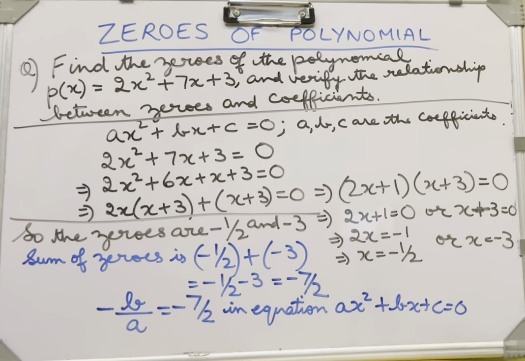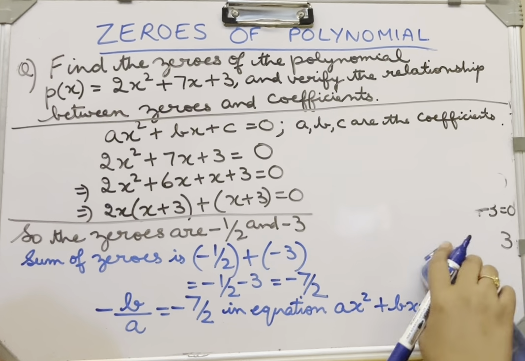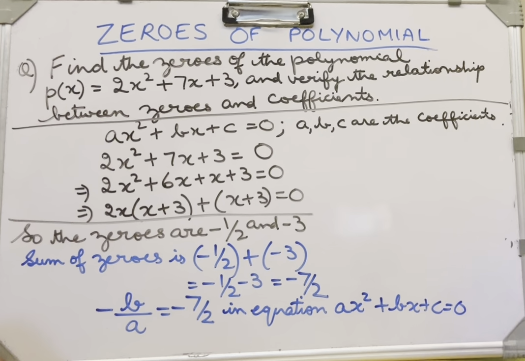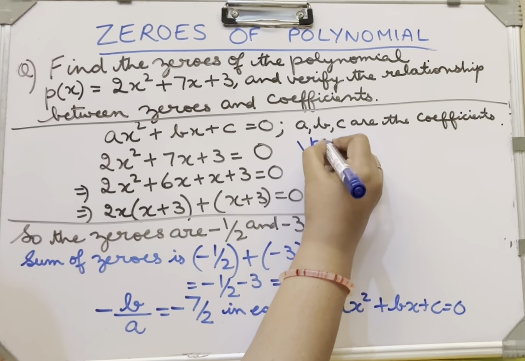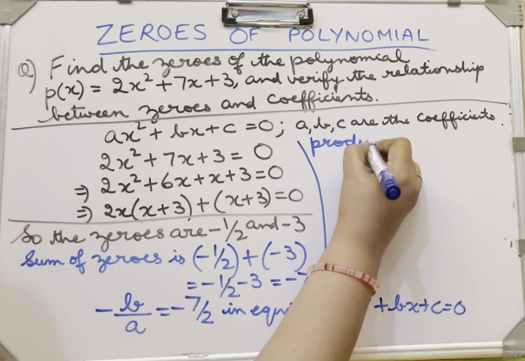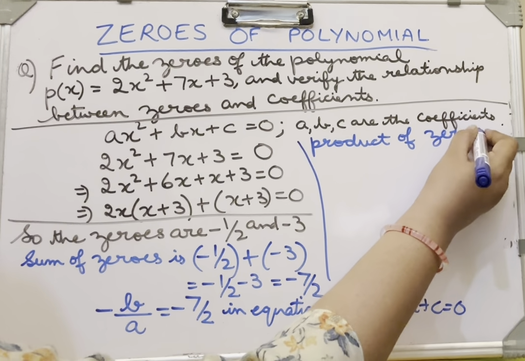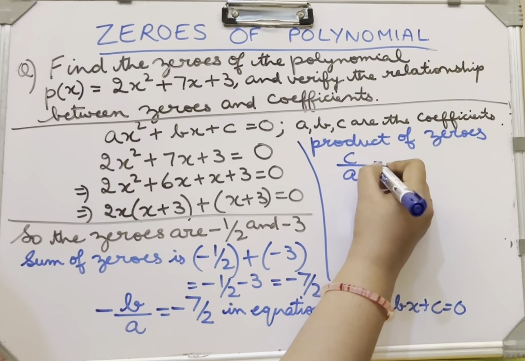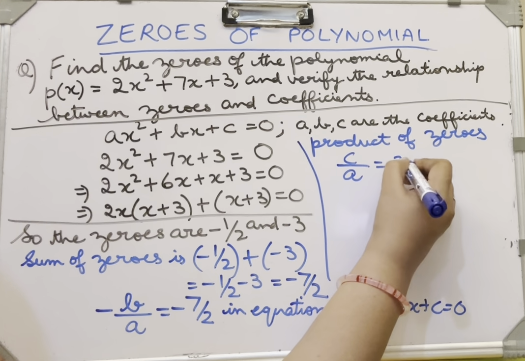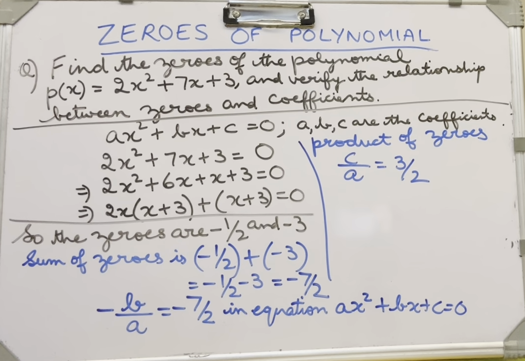And the product of zeros, we know that it is c by a, which is equal to 3 by 2.